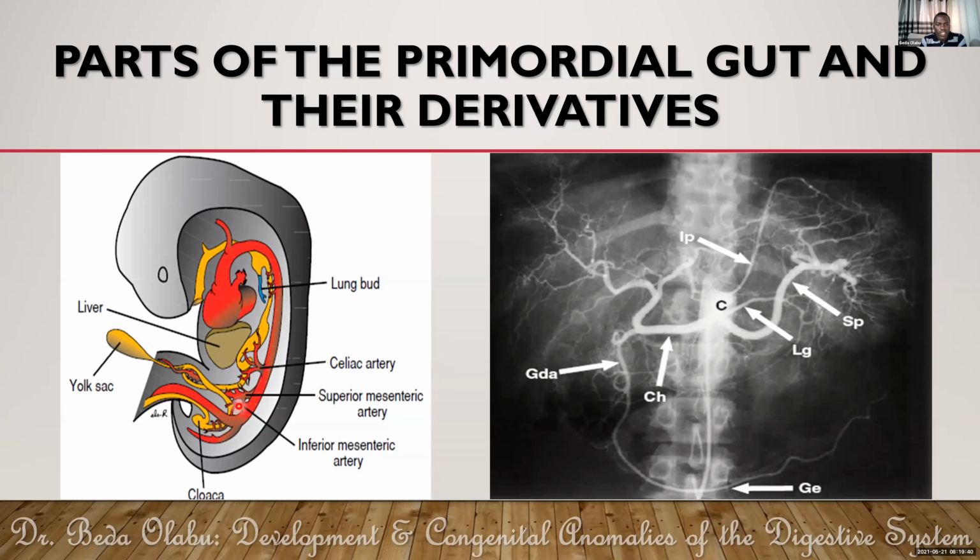So remember that the celiac artery gives you branches which go to the stomach, spleen, liver, pancreas, duodenum, and even lower esophagus, because all those are foregut derivatives.